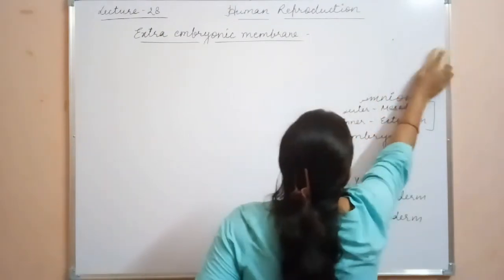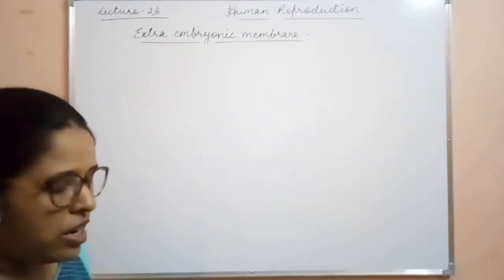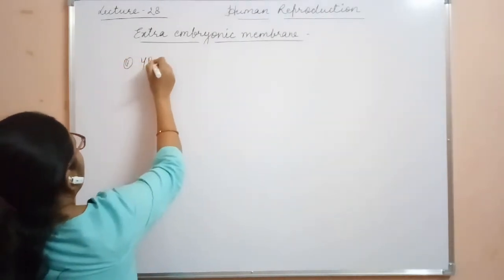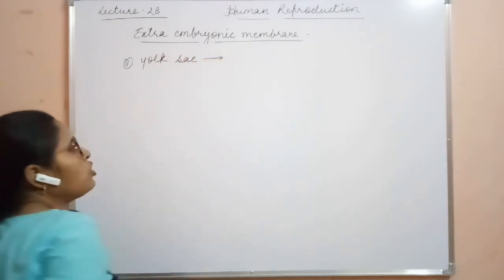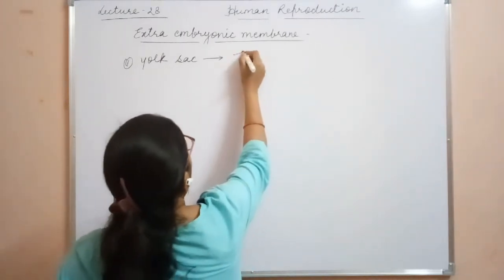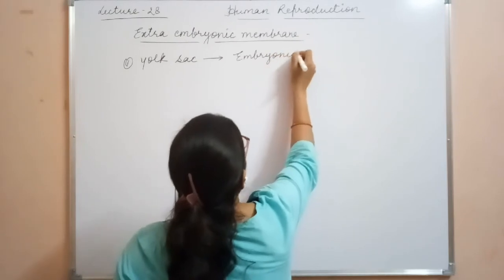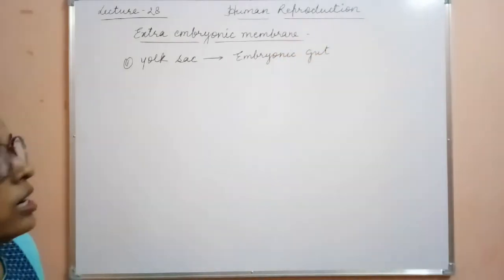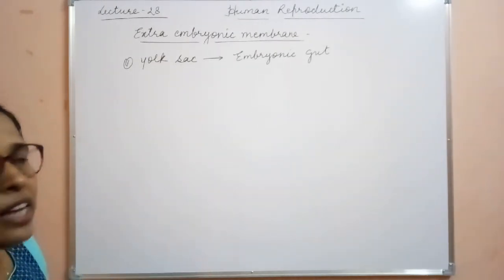The first membrane that develops is called yolk sac. This yolk sac behaves as embryonal gut, or embryonic gut. Clear? This is helpful in the process of digestion.